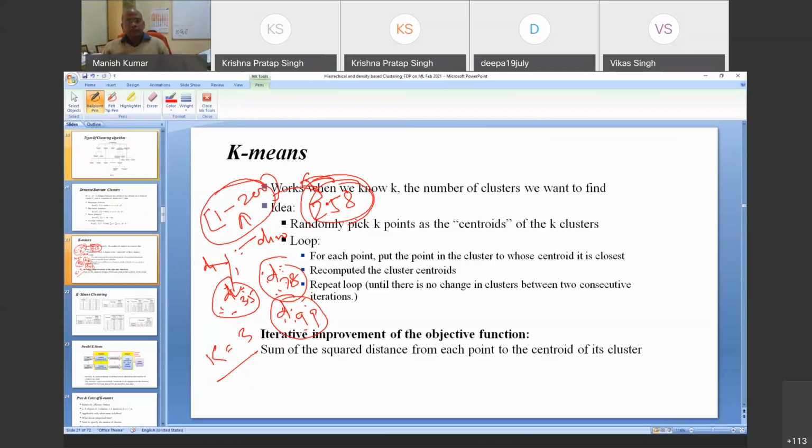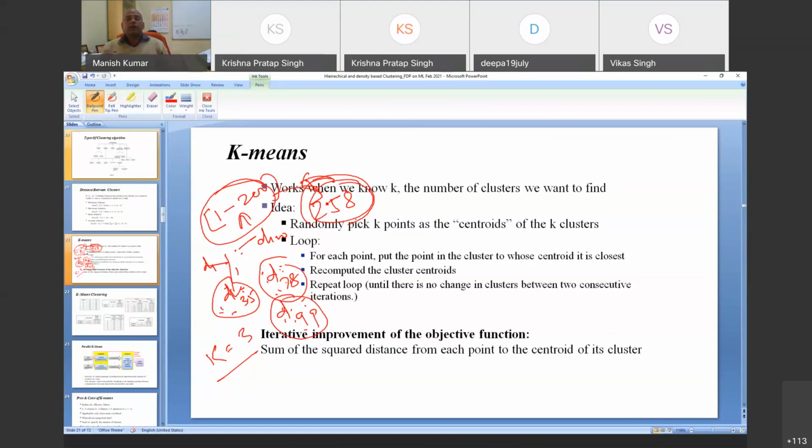So it is very simple: you have n number of points, choose k number of points as centroids or means, then map all the points depending upon closeness or distance to all these clusters, and repeat this part.